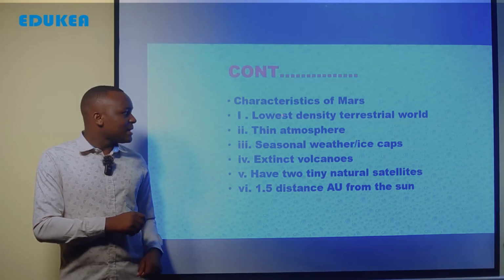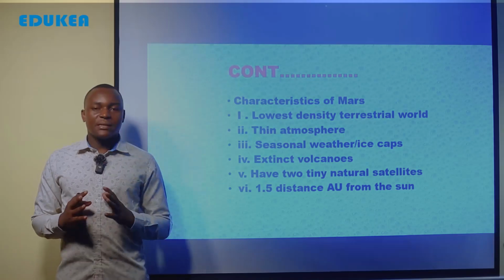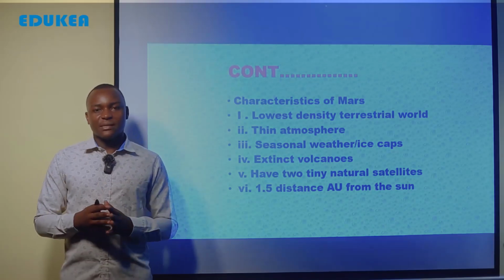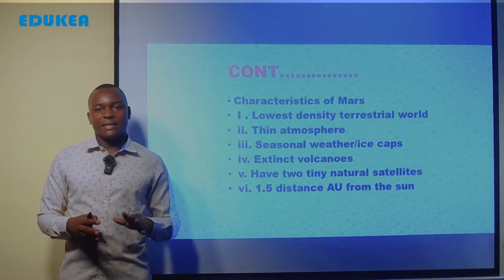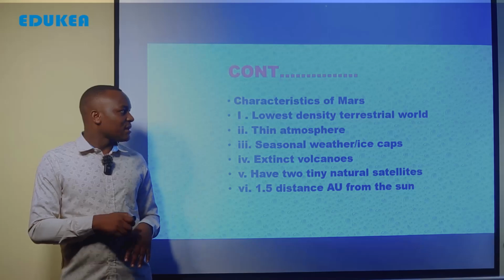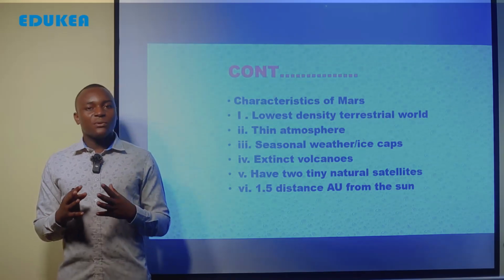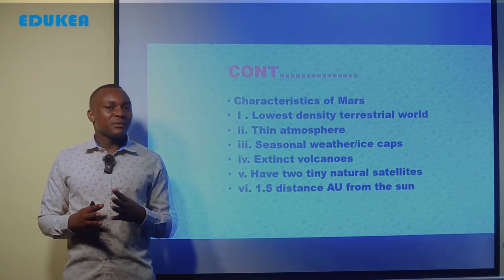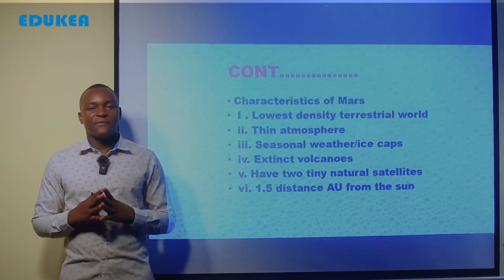We say that it has low density, so it is terrestrial. That is Mars. Thin atmosphere. As we compare in terms of atmosphere, we see that the Earth has a moderate atmosphere. But when you come to Mars, we say it has a thin atmosphere.